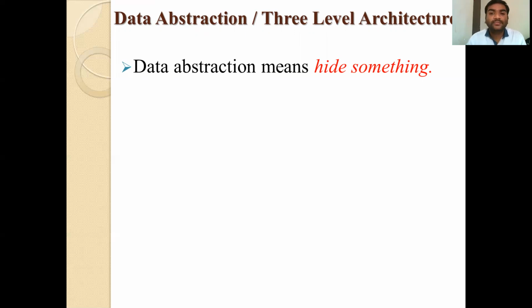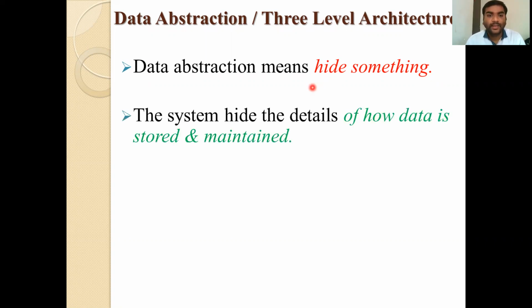So data abstraction means what? Data abstraction means hiding something. Now you are going to learn the database management system, then what are you going to hide? You are going to hide the data. So in data abstraction, you hide the data. The system hides the detail of how the data is stored and maintained.